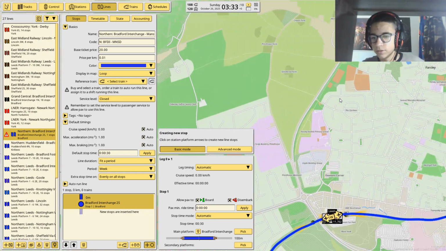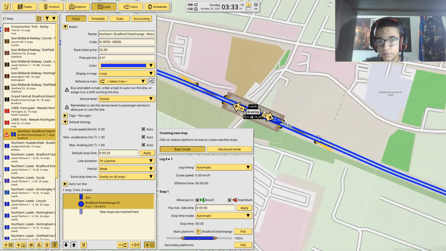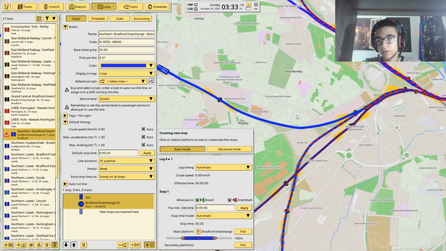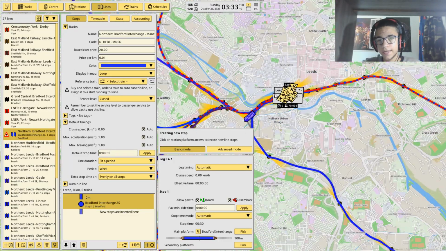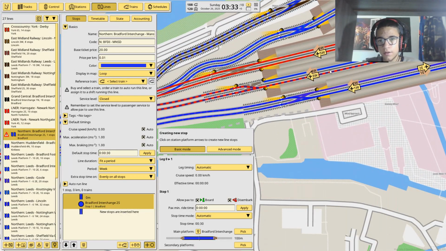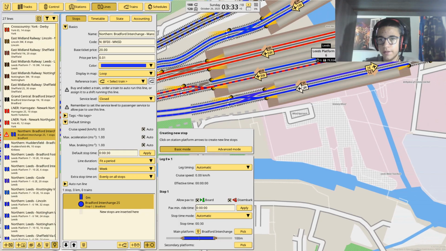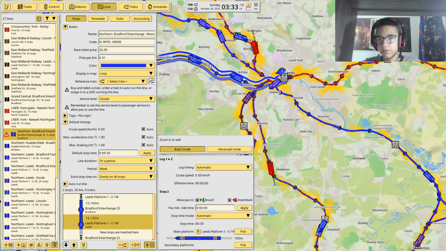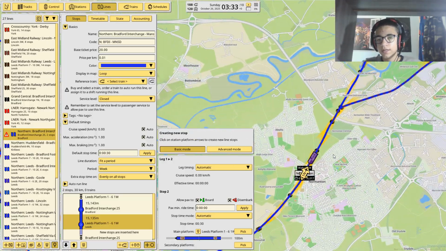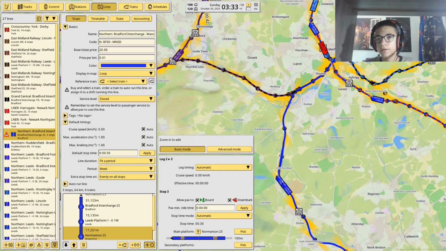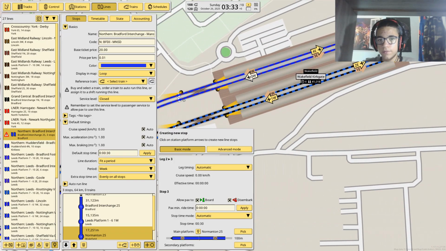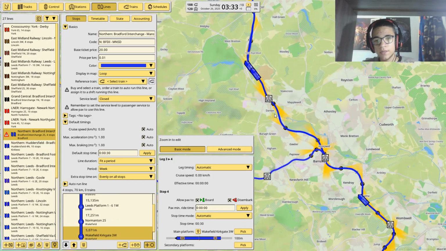So we're going to first of all stop at Leeds. Okay, I'm going to have to use this platform here. I know this seems a bit ridiculous, but we're just going to have to deal with that. And then we'll do Normanton, with Kirkgate. We'll use Normanton in this stop.